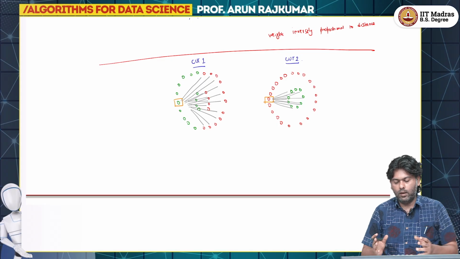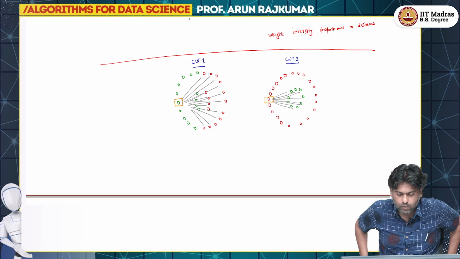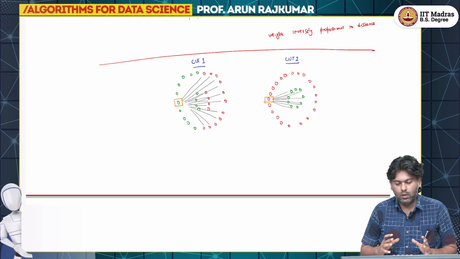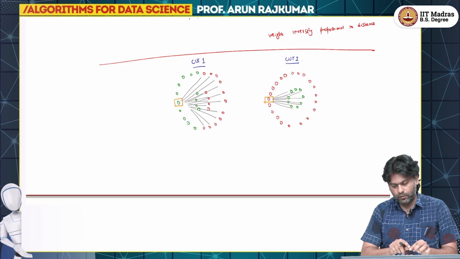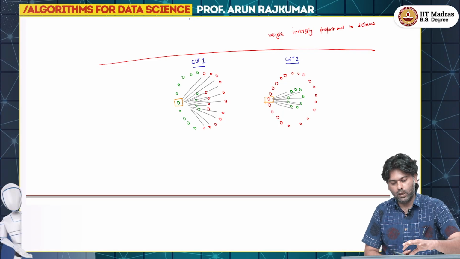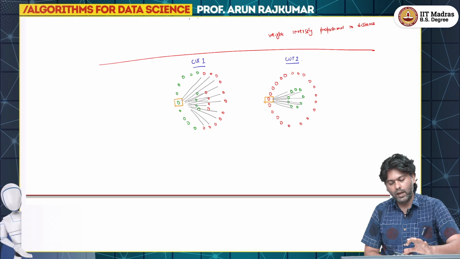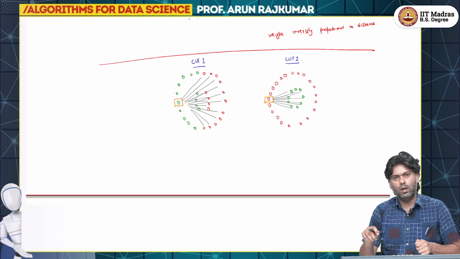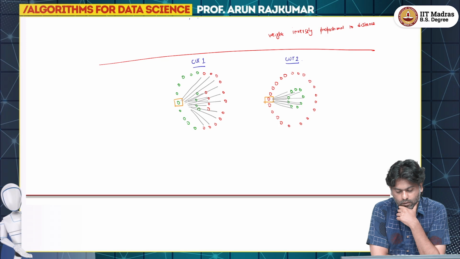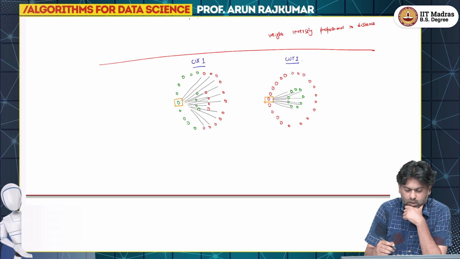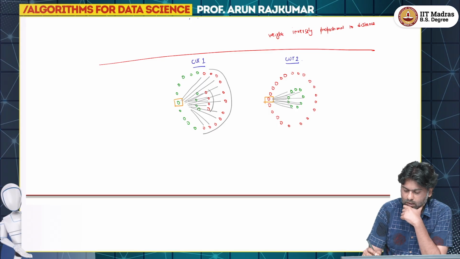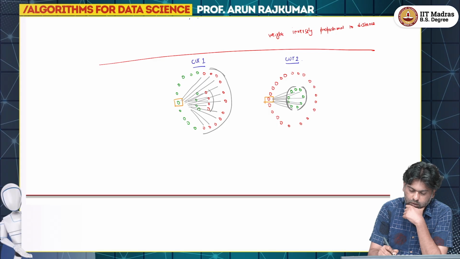Now, as you can see, even just by looking at this visually, you will see that the gray lines in cut 1 are larger. So they have a larger value to these red guys. The extra that this node is contributing in cut 2 is the distances to these guys, whereas in cut 1 it is to these guys.